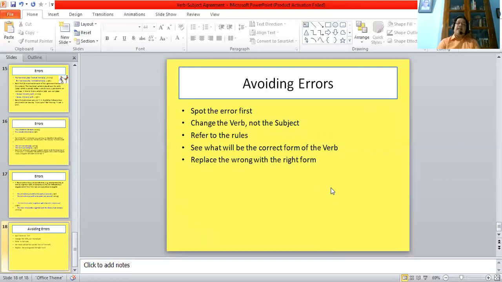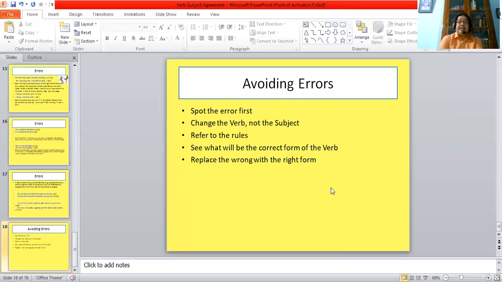But we have to keep the examples of these in mind, and gradually we are able to internalize them. Remember that when you are making errors in concord or subject verb agreement, you have to try and spot where the error is first. Then, when you are making the correction, change the verb and not the subject.